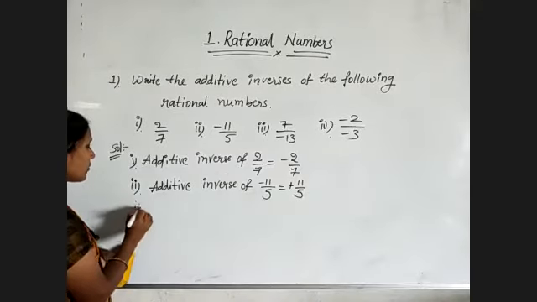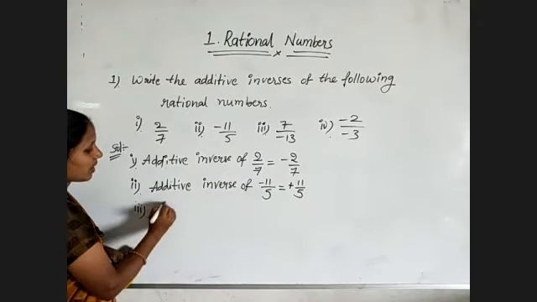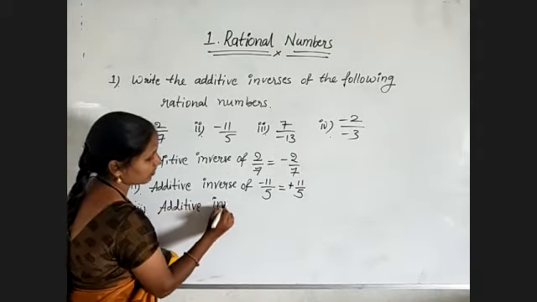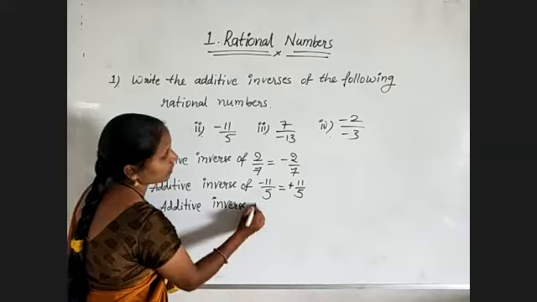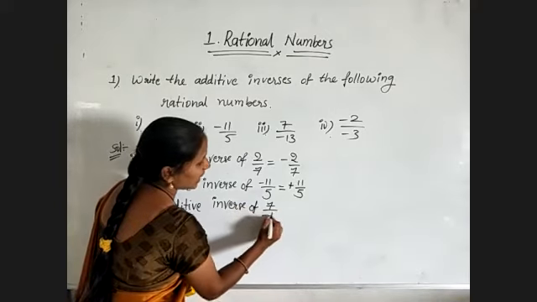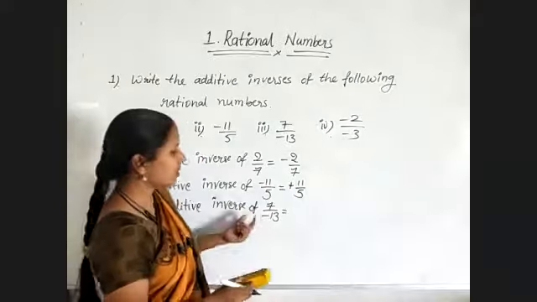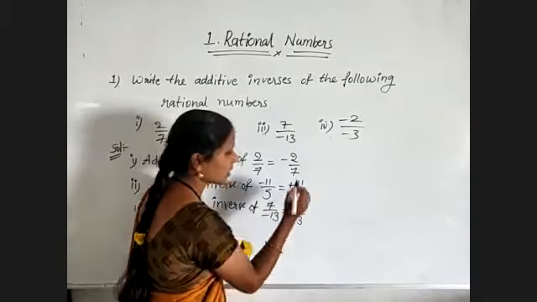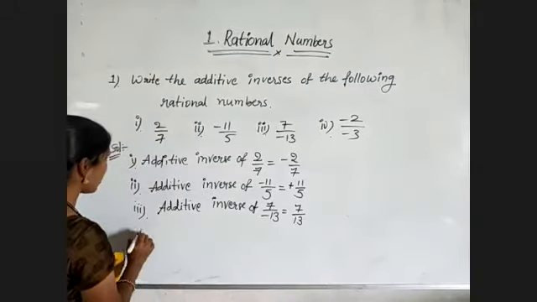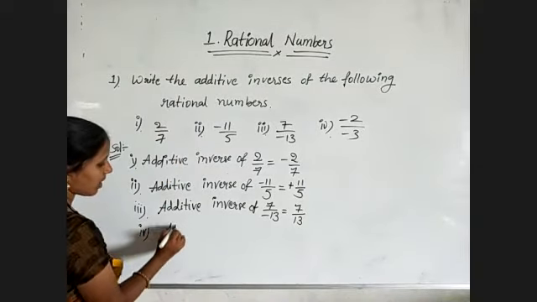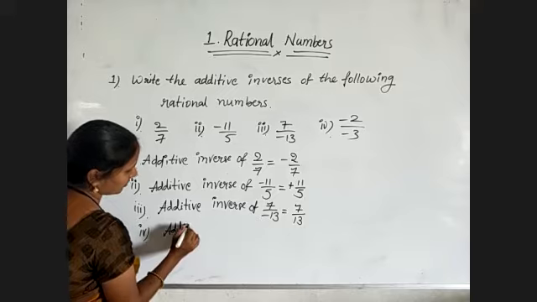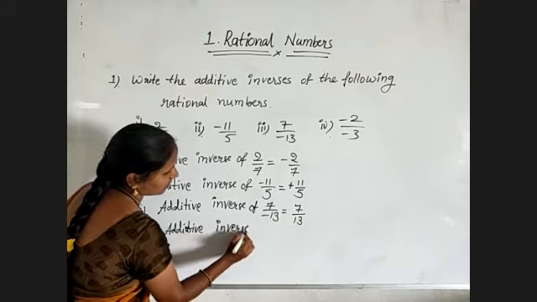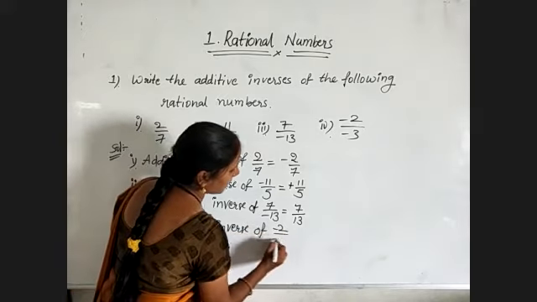Then coming to the third one, the additive inverse of 7 by minus 13. So it is a negative rational number. So we will get plus 7 by 13. That's all. And coming to the fourth one, the additive inverse of minus 2 by minus 3.